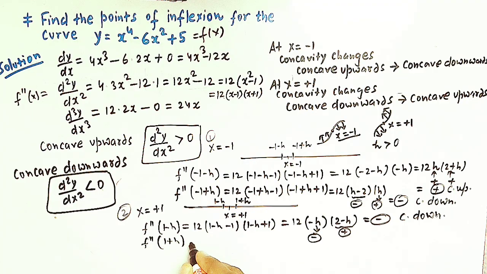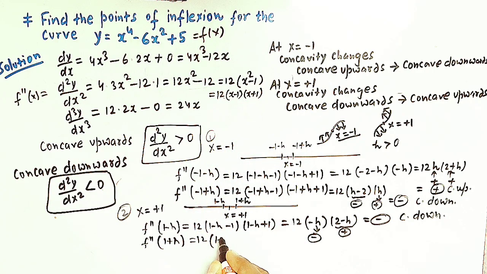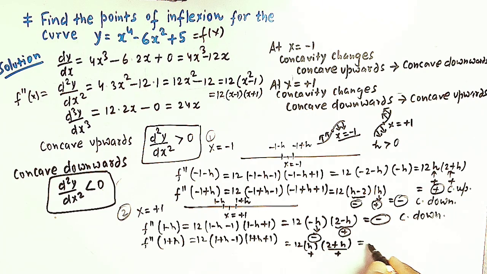And similarly here we have 1 plus h. So we have 12, taking 1 plus h in place of x. So we have 1 plus h minus 1, 1 plus h plus 1. So we have here 12. Here we have 1 minus 1 is 0, so h. Then we have 2 plus h, and 2 plus h is positive, h is positive, so the overall sign is positive, right?